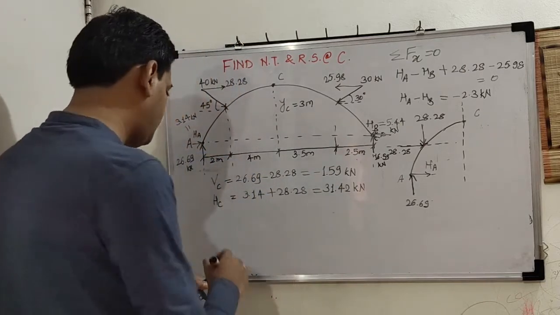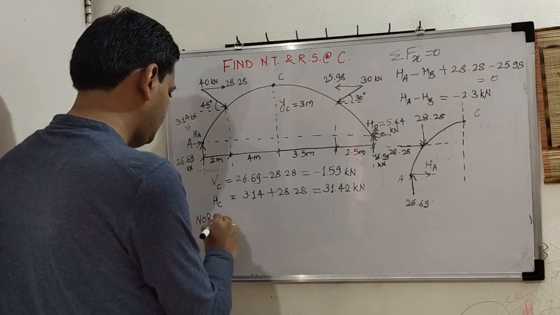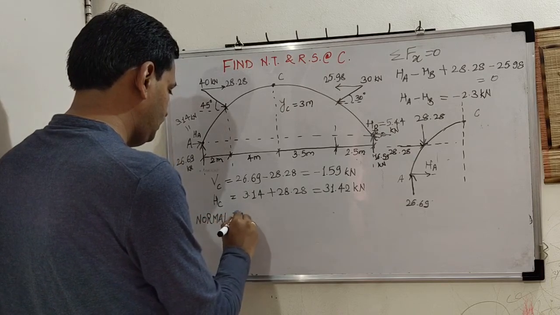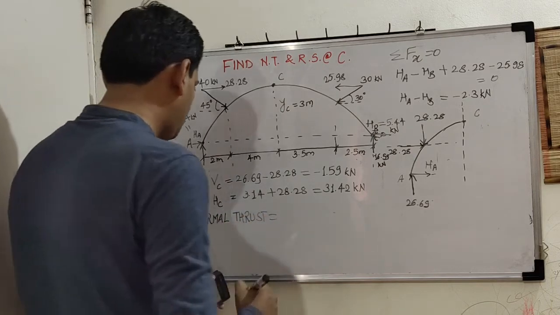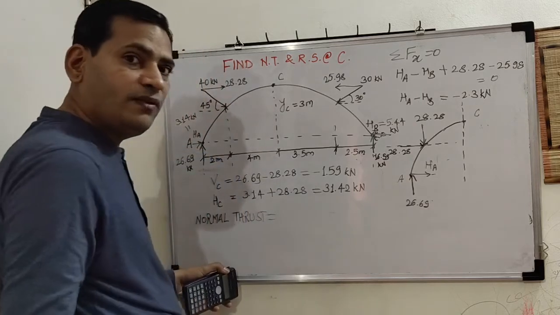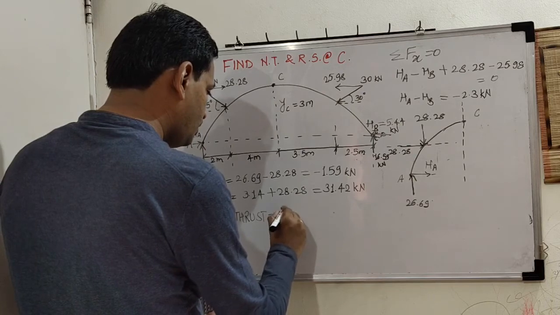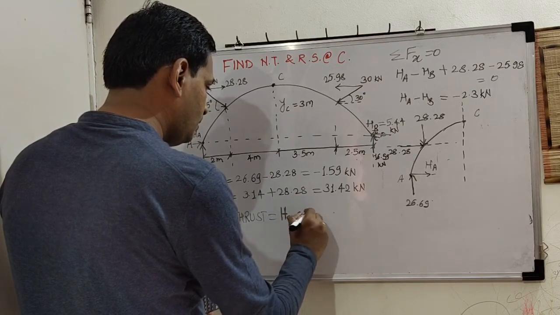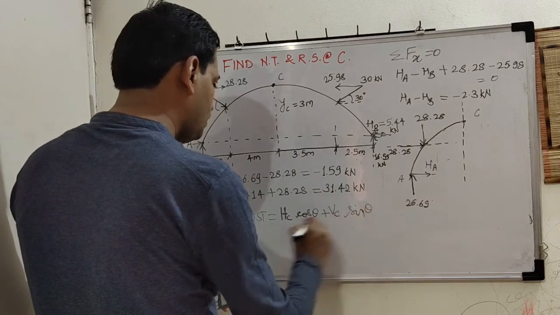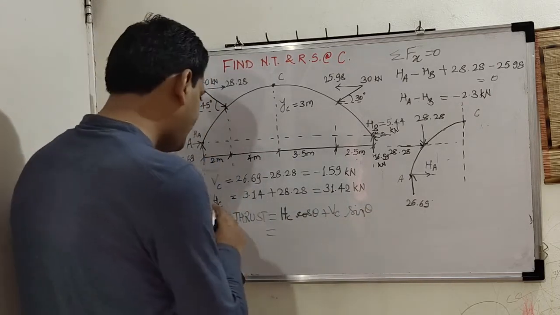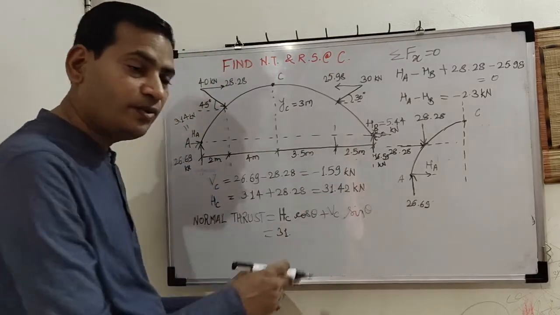So normal thrust is, instead of HD we shall say HC, HC cos theta plus VC sin theta. Substitute the values. How much is HC? 31.42. One more thing is remaining, theta, that we shall calculate first.